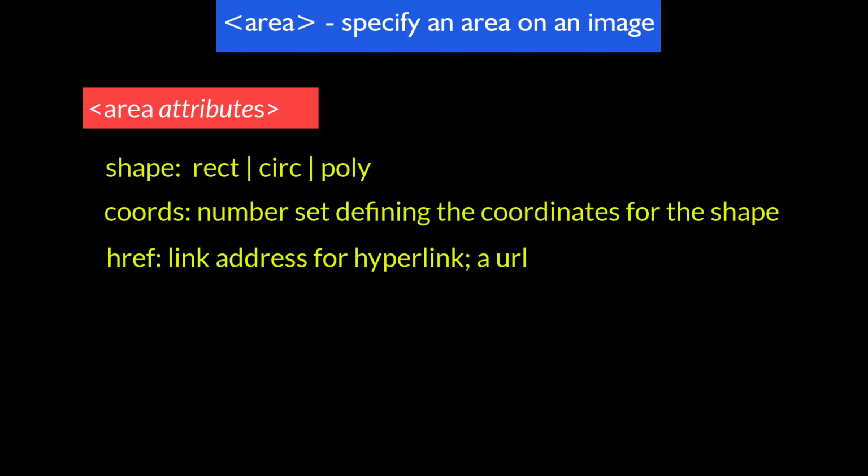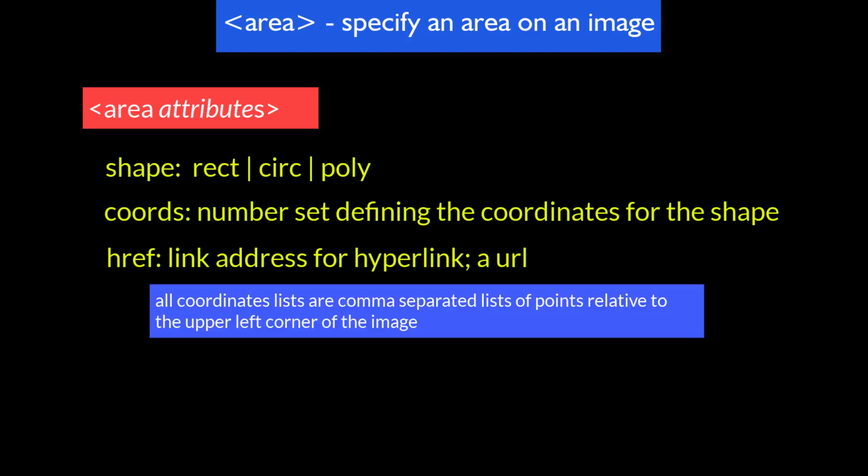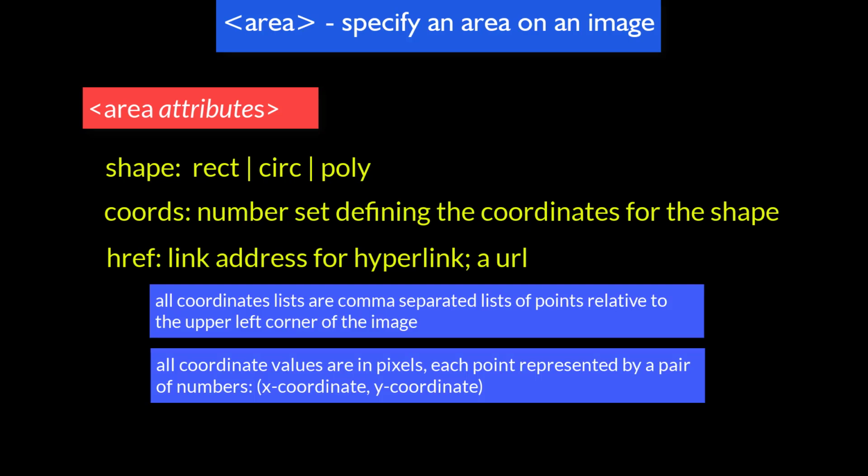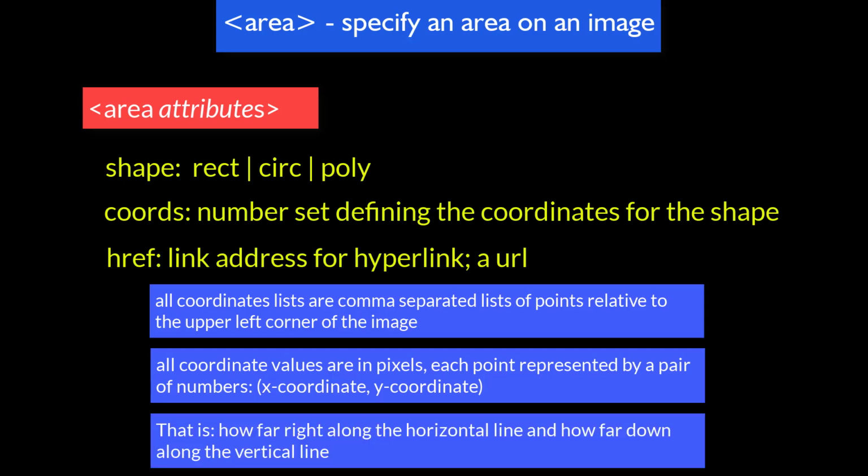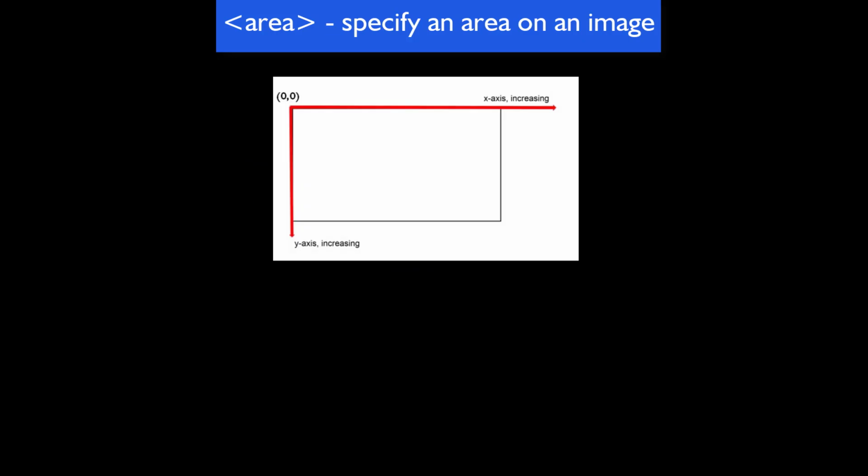The fundamental idea is that all coordinate lists are comma-separated lists of points relative to the upper left corner of the image. All coordinate values are in pixels, and each point is represented by a pair of numbers, the x-coordinate followed by the y-coordinate. That is, how far right along the horizontal line and how far down along the vertical line. Suppose you have an image on your screen.